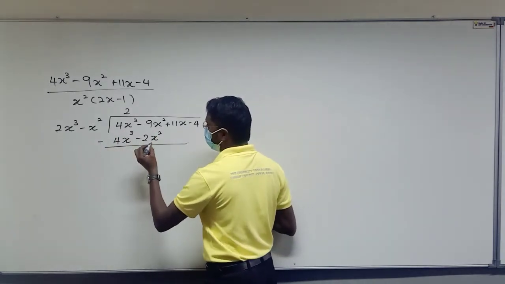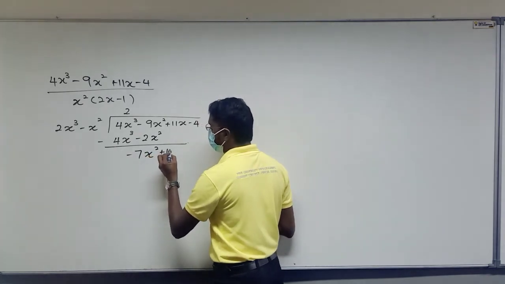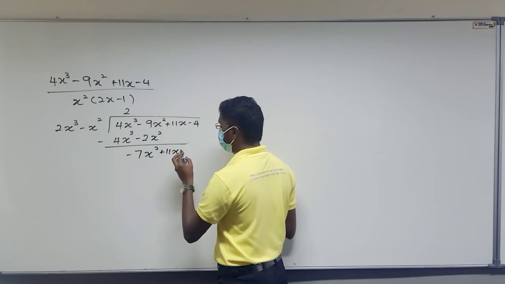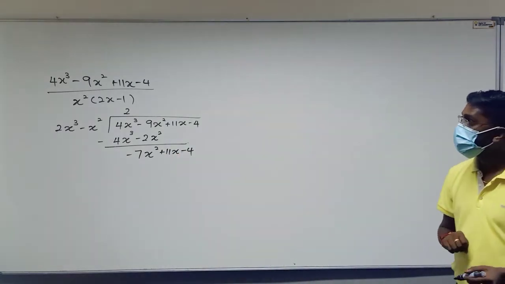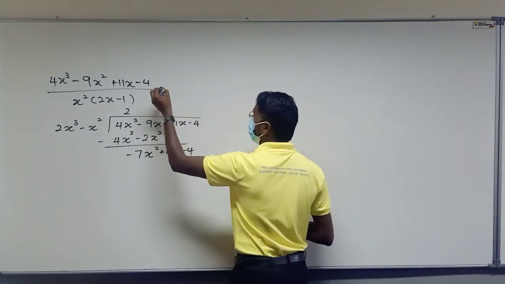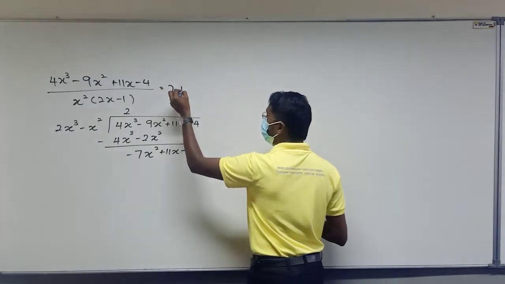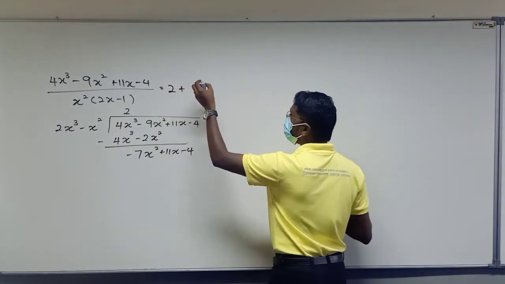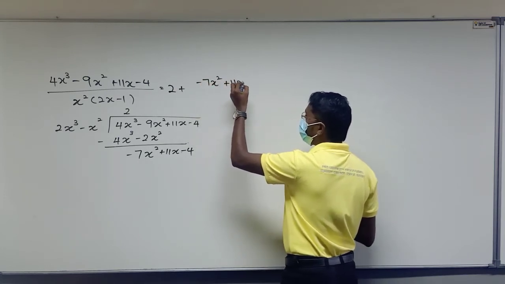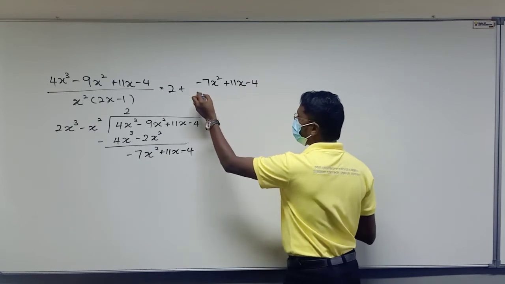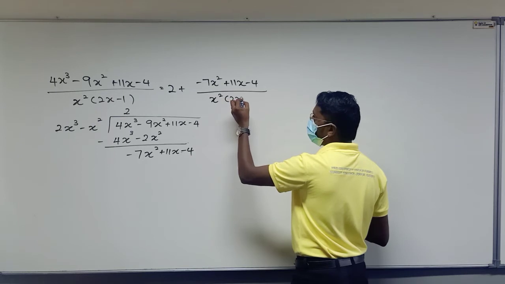Negative 9 minus negative 2 is going to be negative 7x squared plus 11x minus 4. Okay. So now this improper fraction we can represent as 2 plus negative 7x squared plus 11x minus 4 divided by x squared times 2x minus 1.